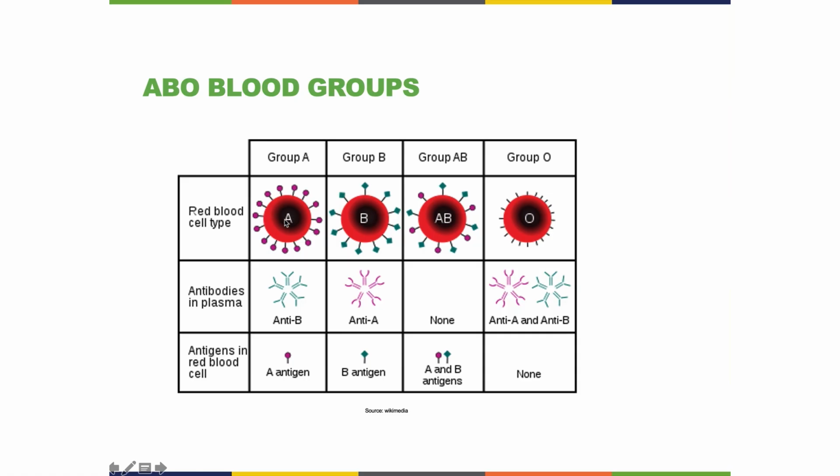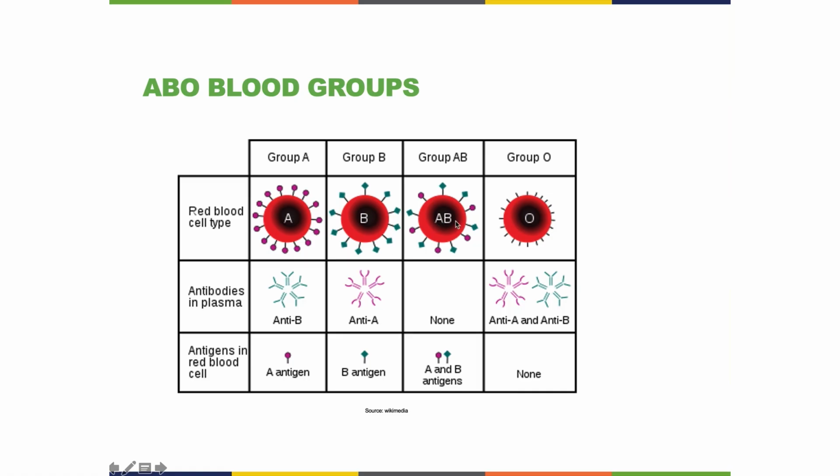So members of group A that have this carbohydrate produce antibodies against type B. And so if you mix type B with an A blood person, their antibodies are going to bind to this and cause clumping in the bloodstream, and this can be life-threatening. So you can't mix B with A in a person who's A, and you can't mix A with B in a person with B because type B has antibodies against type A. And so you add these to this person, and these antibodies are going to cause clumping. Okay?